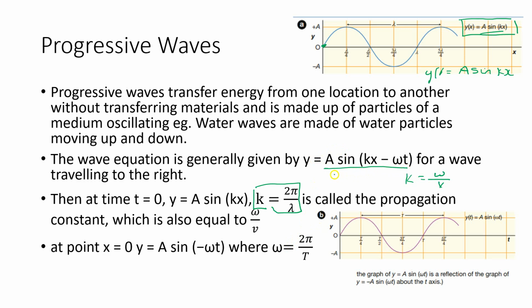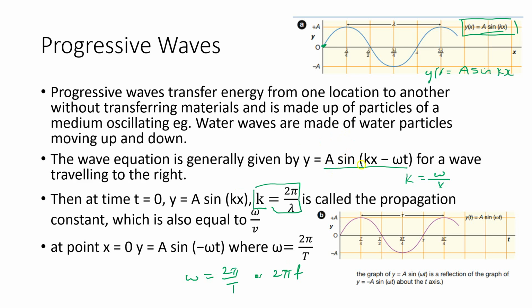All right. So we know already that omega, which is your angular frequency, is equal to 2 pi divided by T, or we could say 2 pi times f. All right. So just remember that information as it pertains to progressive waves or waves in general.